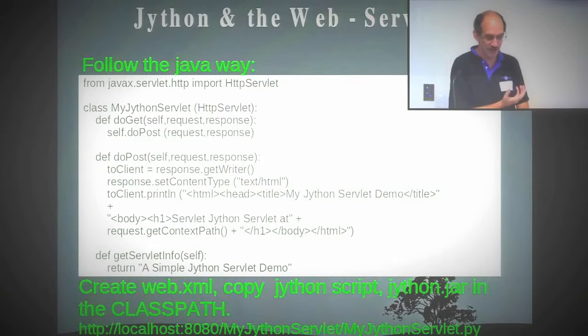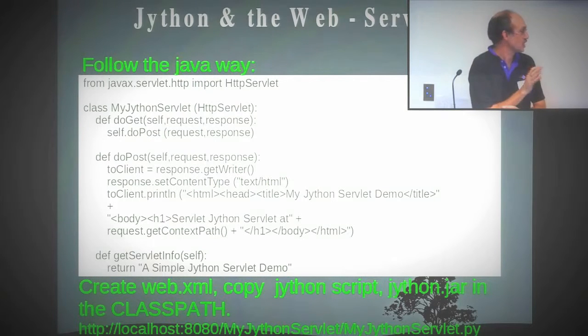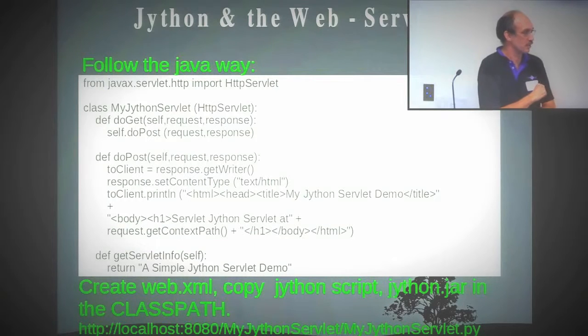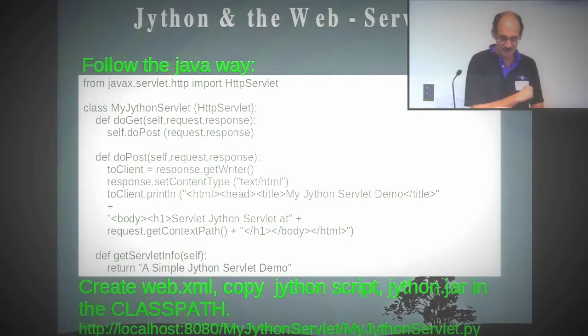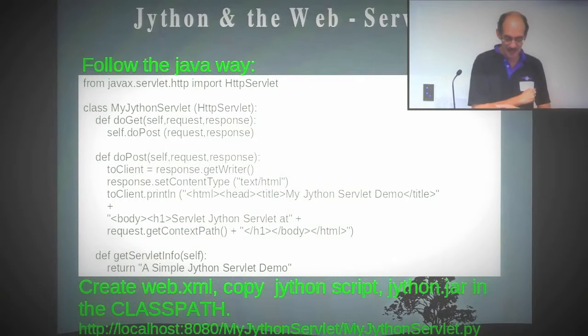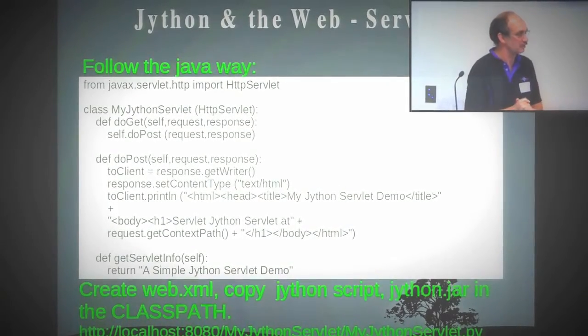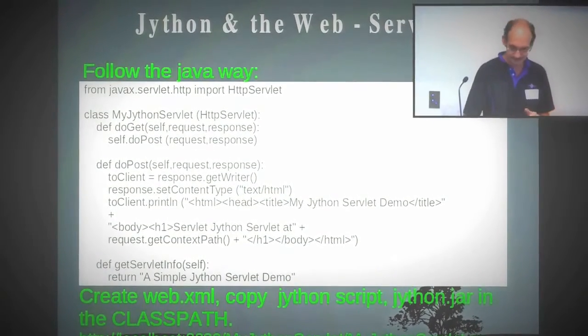And so this is the way, if you were doing the Jython way, the Java way, how you would do exactly what you do if you're writing a Java servlet. It's a lot less code than you would use in Java. But you've still got to create your web.xml file, copy your scripts or make up a WAR file, get things in the class path, and then finally you can click on your URL and things will work.